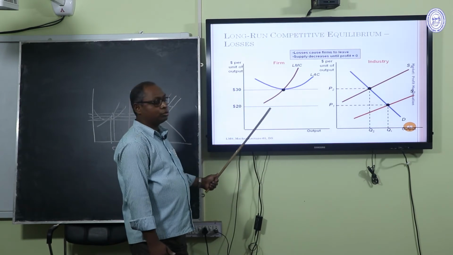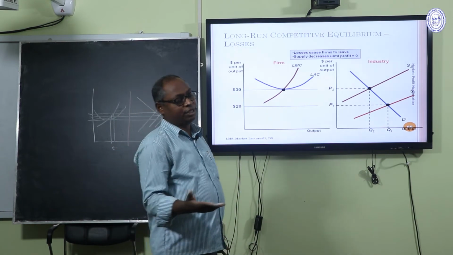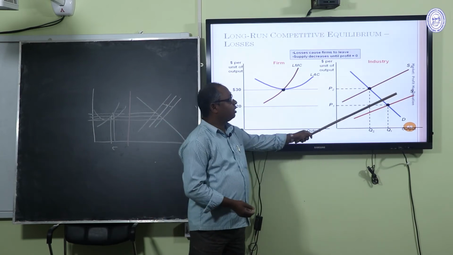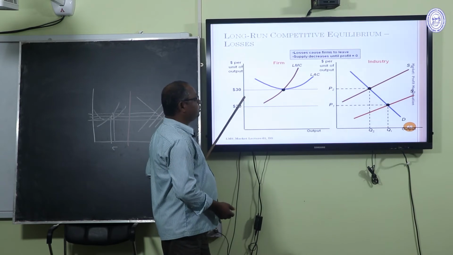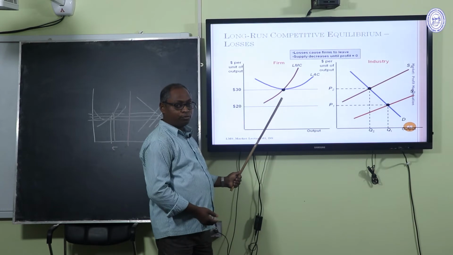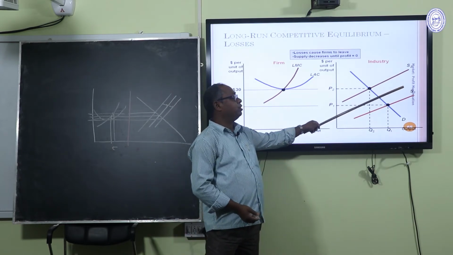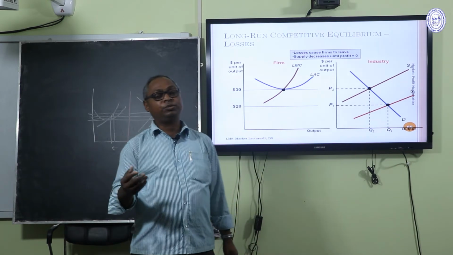By seeing this loss, some of the firms, as there are free entry and exit possibilities, will go out of the industry, and thereby supply reduces and price increases. And this increased price will reduce the loss of the firm in the long run, but this is not enough. So again, some of the firms will exit from the industry.